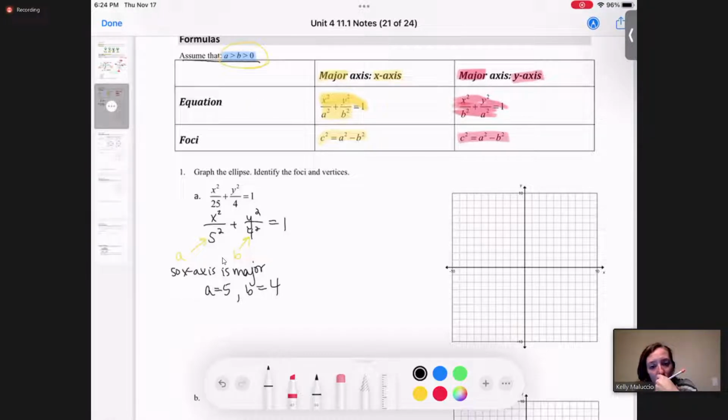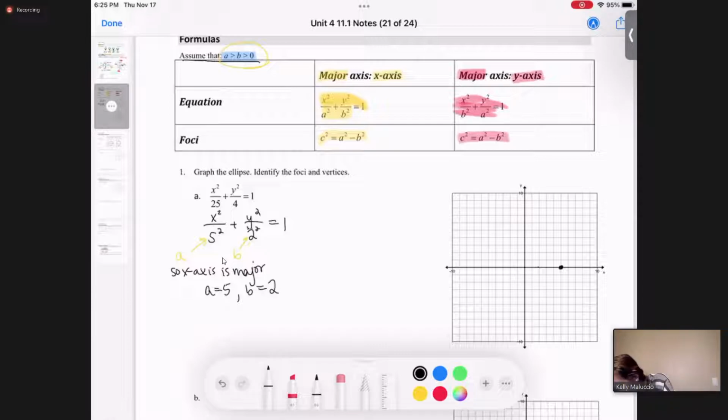Right? So our vertices, the endpoints here, if I want to graph this, 1, 2, 3, 4. B is equal to 2. Oh my God. Wow. Okay. B is 2, not 4 squared. Well, okay, it's still smaller, I guess, so at least I had that. But yeah, this should be 2, right? Okay.